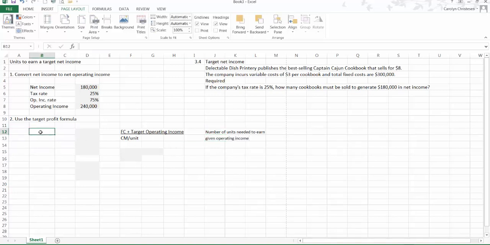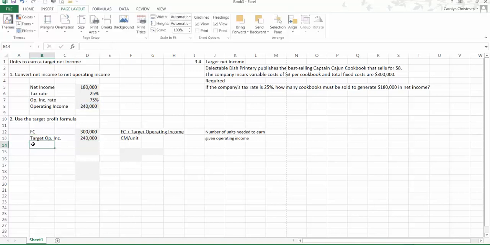So we need our fixed costs, we need our target operating income, and we need our contribution margin per unit. Our fixed costs are $300,000. Our target operating income is equal to $240,000.